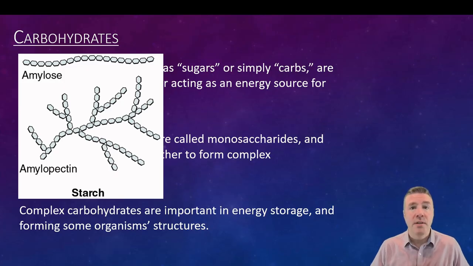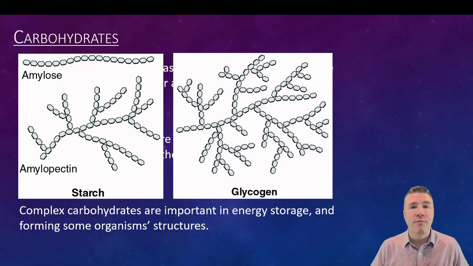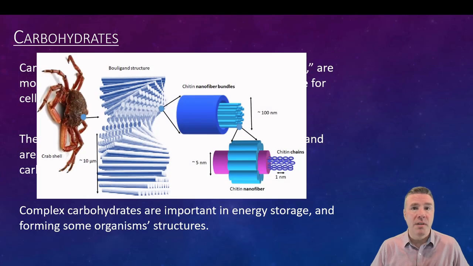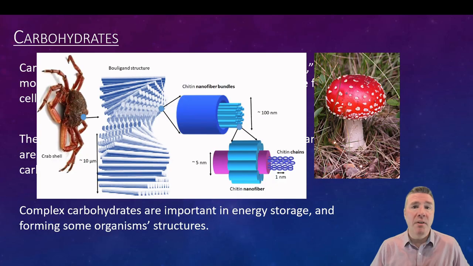Animals, on the other hand, store carbohydrates in the form of glycogen, a highly branched, complex carbohydrate. In the exoskeletons of arthropods, like insects, spiders, and crustaceans, as well as the cell walls of fungi, bundles of carbohydrate chains called chitin provide for structure, strength, and protection.